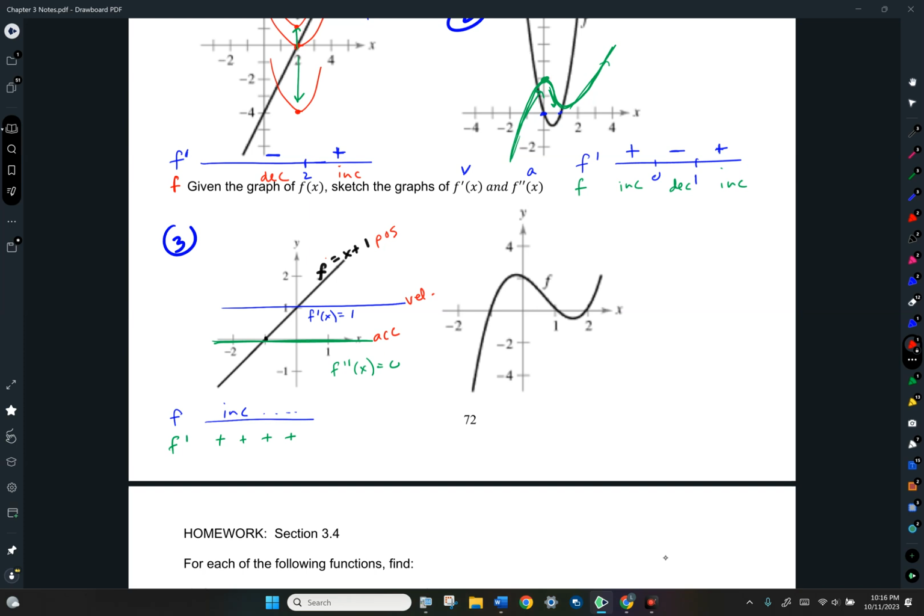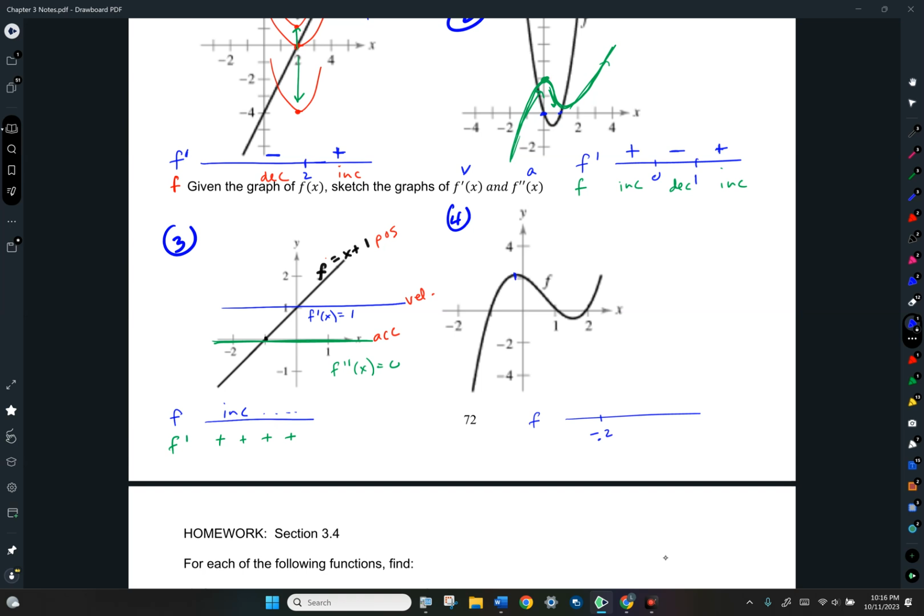Okay, so let's look at our number 4 right here. Here's what I can see. I can tell that my original function goes from increasing to decreasing, and it changes right in here. We'll call that negative, how about if I call it negative 0.2, doesn't matter.